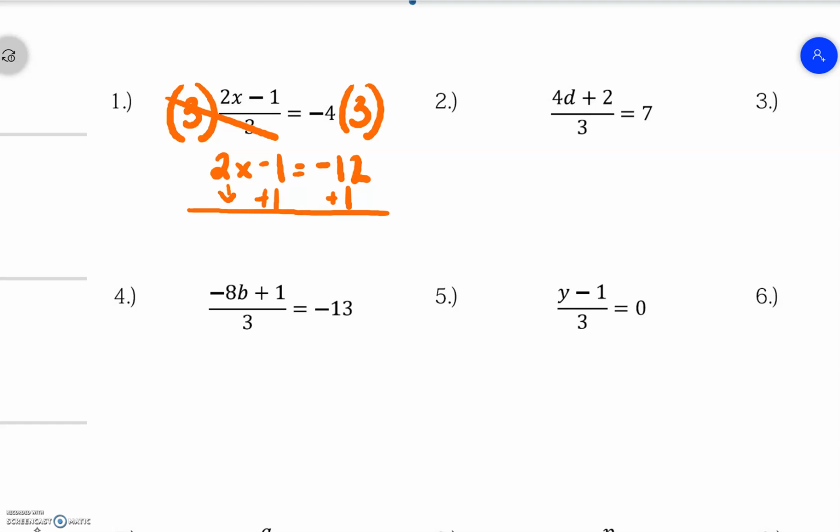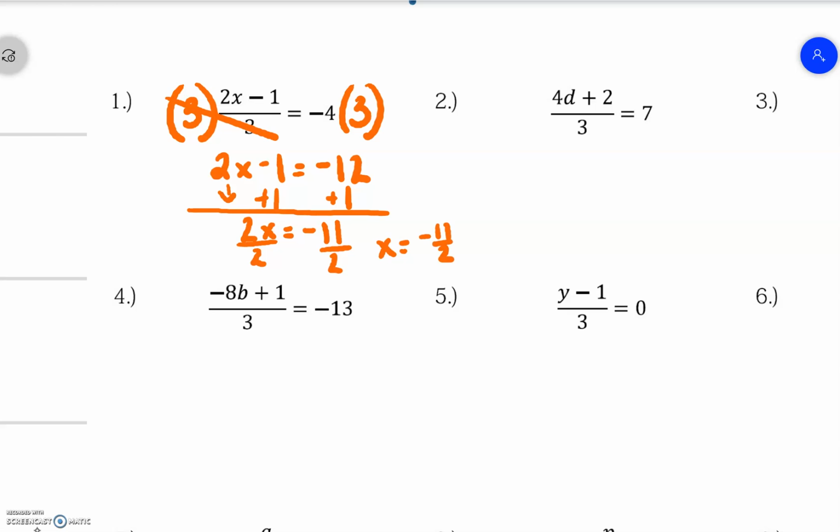I bring 2x down, and negative 12 plus 1 would be negative 11. And now I'm down to 1 step. I need to get x all the way by itself, so I'm going to divide by 2, and I'm going to write off to the side here. x would equal negative 11 halves.